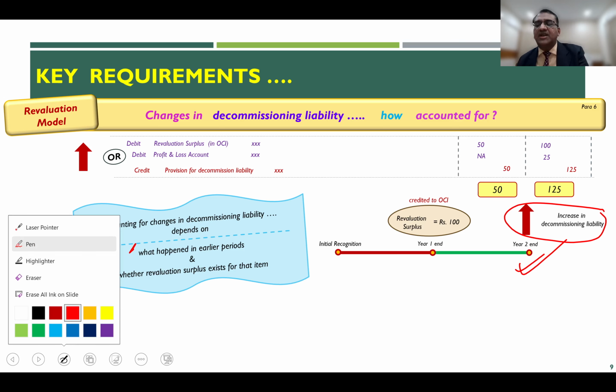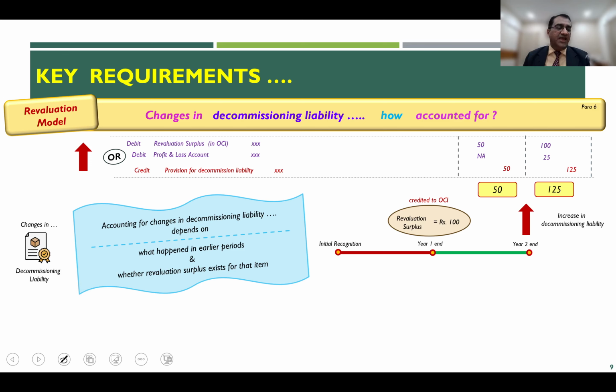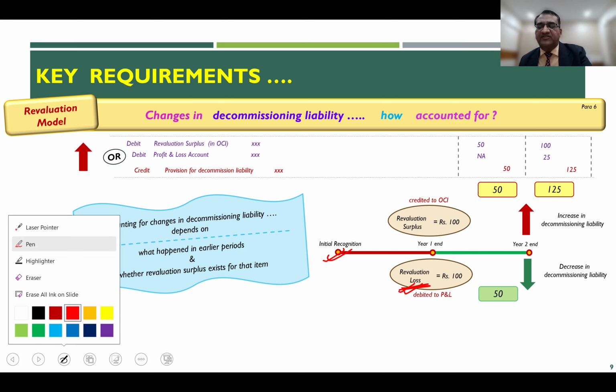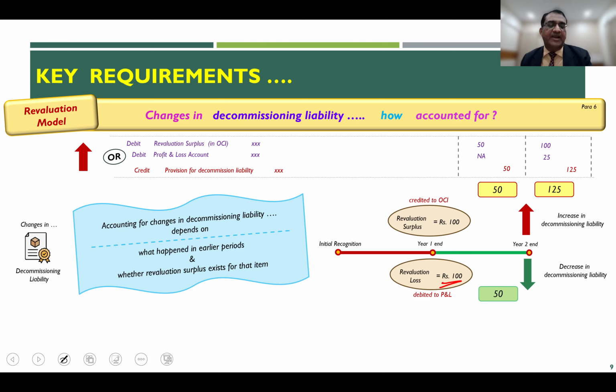Now, let us also look at what happens if there is a decrease in the decommissioning liability. So, you had initial recognition, and then at the end of year number 1, let's say you have a revaluation loss which you recorded. First time revaluation loss, in our example 100 rupees, where does it go? It goes to P&L debit. So revaluation loss of 100 has been debited to P&L, and now there's a decrease in the decommissioning liability.